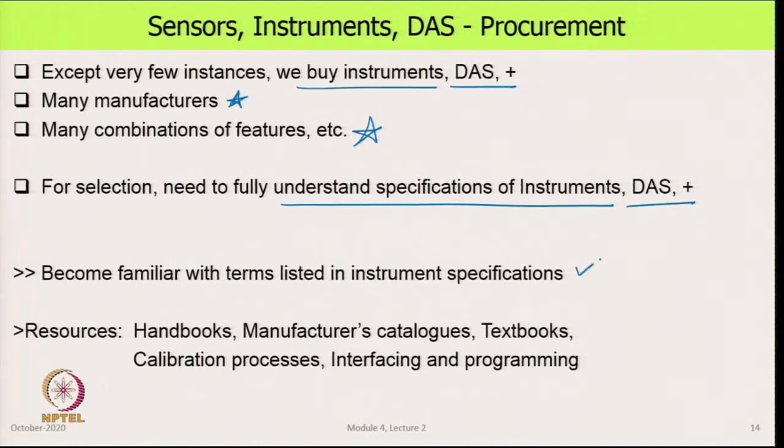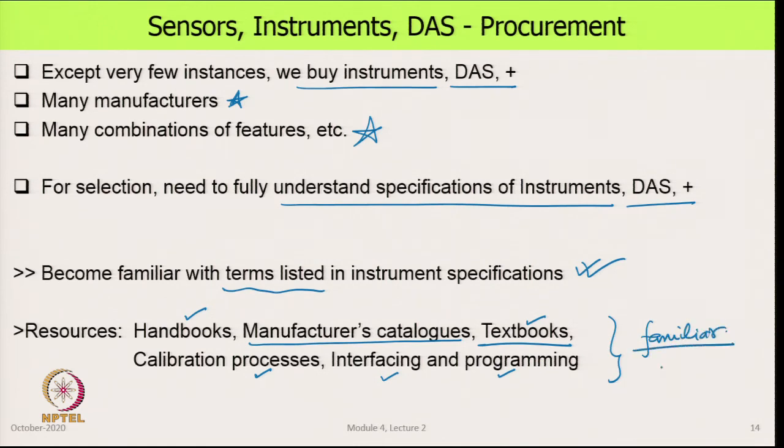So, we need to become familiar with the terms listed in the instrument specifications, and besides catalogs from manufacturers, we can get such information from various handbooks, textbooks, very limited amount though, and then there are various processes, standards which relate to calibration, interfacing and programming. We need to become familiar with these.